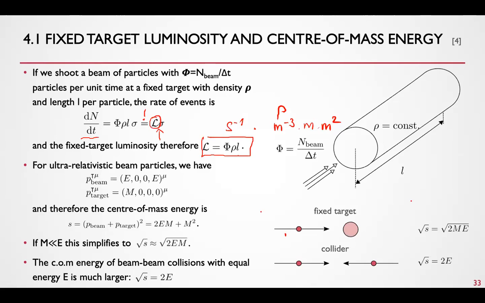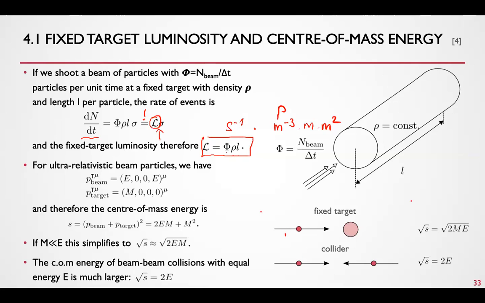So you see that the luminosity is in principle a product of two numbers. The one is the number of particles that we shoot in, N beam divided by delta t, and the other number is the density, rho, the density of the particles in the target.